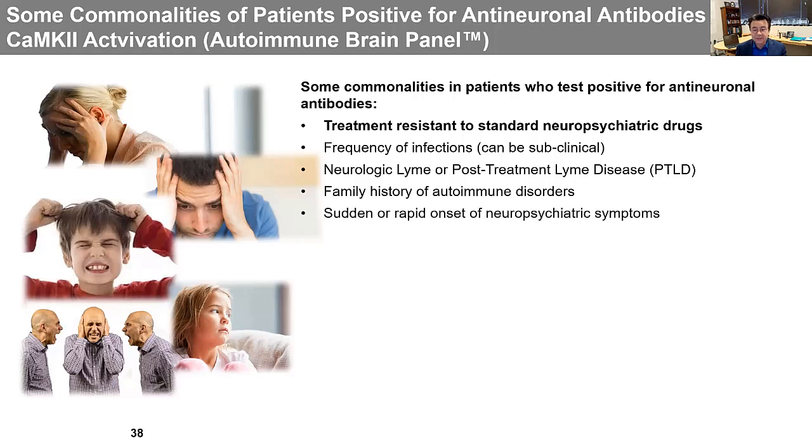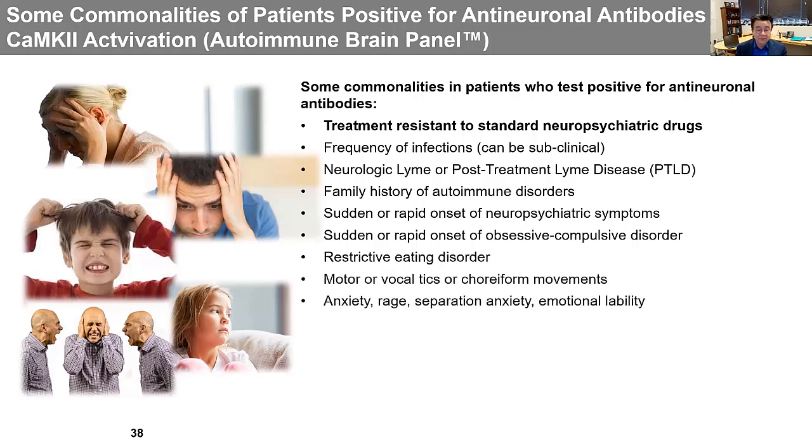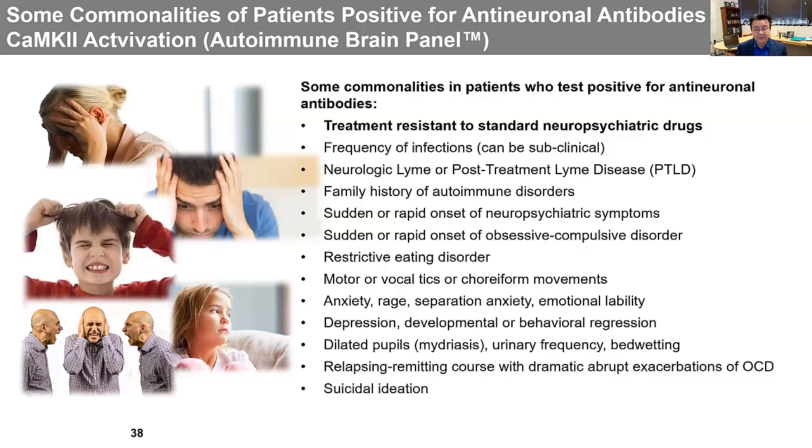Sudden, rapid onset of these neuropsych symptoms, rapid onset of OCD, and again, a restrictive eating disorder that's really an OCD rather than a body dysmorphia. Vocal, motor tics, choreiform movements, anxiety, rage, separation anxiety, emotional lability, depression, developmental regression. Dilated pupils may be in about a third of these patients. Urinary frequency, bedwetting, relapsing remitting, and suicidal ideation.